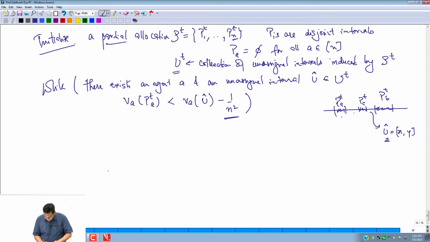Furthermore, what I'll do is exactly what the moving knife does. I'll start from X, keep moving a knife and cut it.